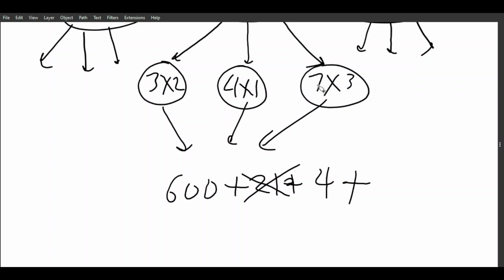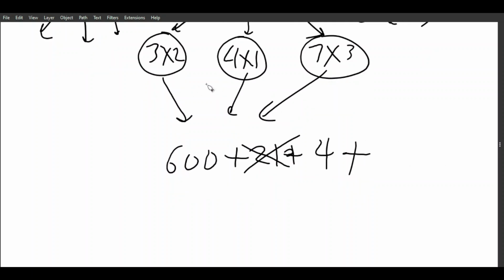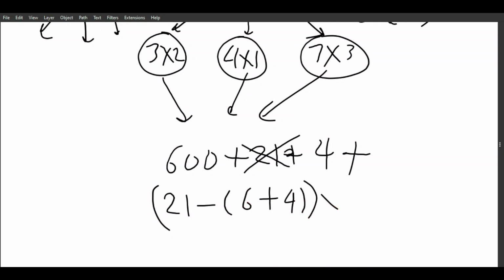Now for the remaining we have the third subproblem minus the sum of the first two subproblems. So this plus 6 plus 21 minus, the sum of the first two subproblems, 6 plus 4, multiplied by 10. So multiplication by 10 or 100 is simply left shift.